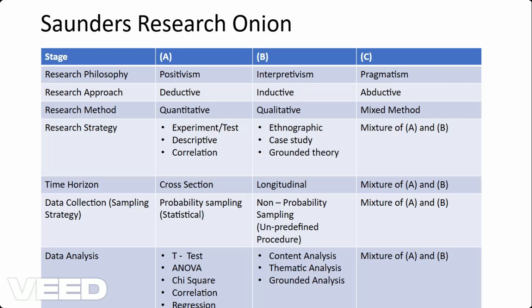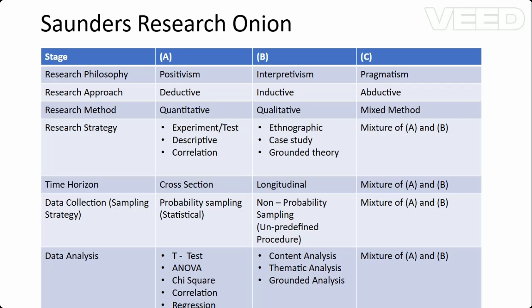Data analysis. If your philosophy is positivism, your research approach is deductive, your research method is quantitative, your research strategy is to do an experiment, correlation, or descriptive, you are going to use a time horizon which is cross-sectional, a short period of time, of course.